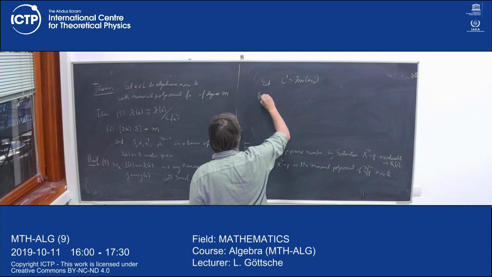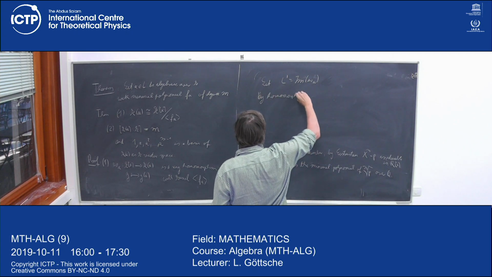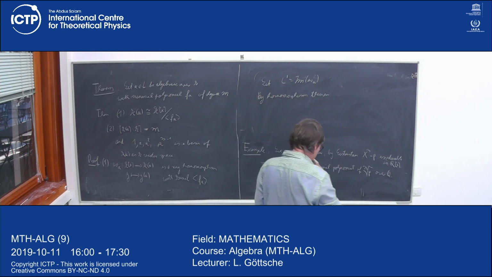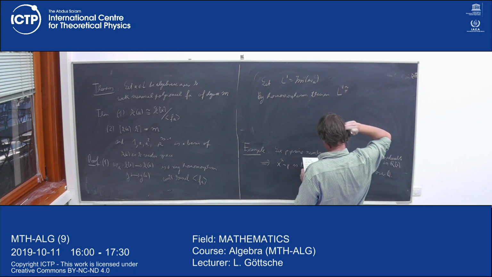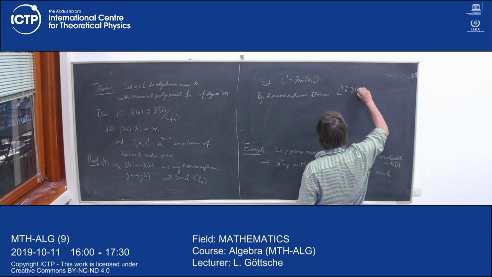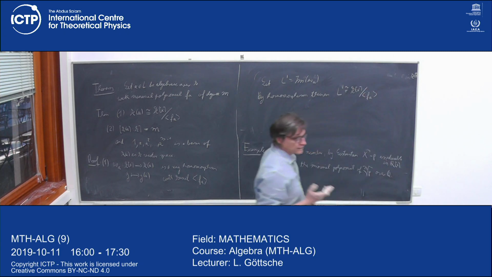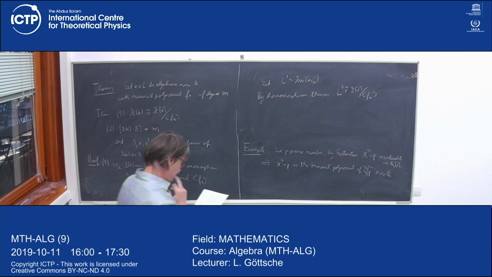So by the homomorphism theorem, L prime is isomorphic to Kx divided by the ideal. No, this is just if you have a surjective ring homomorphism, the target is isomorphic to the source divided by the kernel.